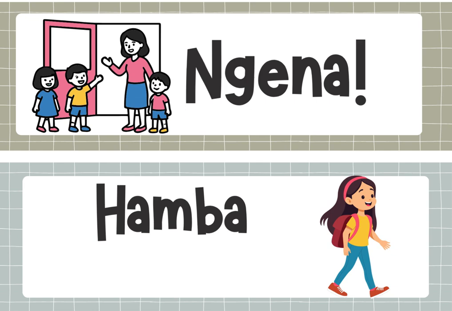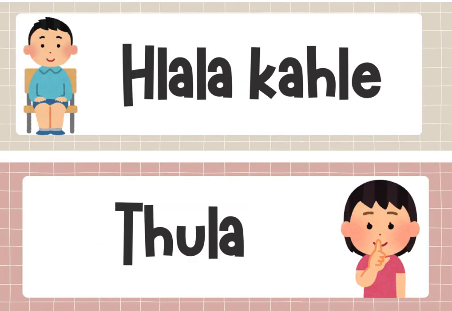Okay, the next one is hamba, which means go. Maybe you go to the teacher and ask, can I please go to the toilet? And they say hamba. It means go. The next one is hlala kahle.